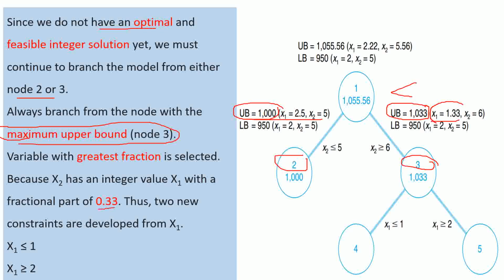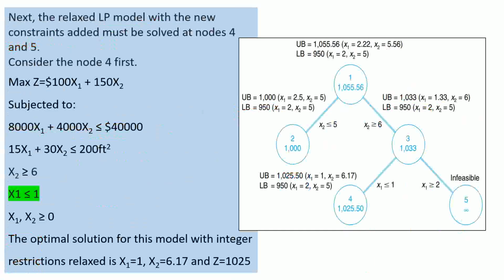Thus, we have to form two new constraints developed from x1 equals 1.33. That is, x1 less than or equal to 1 and x1 greater than or equal to 2. Now we form the two branches. Let's continue.